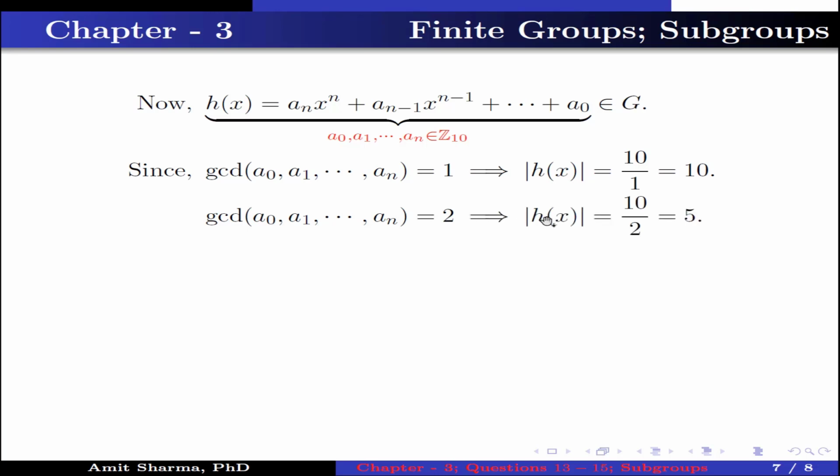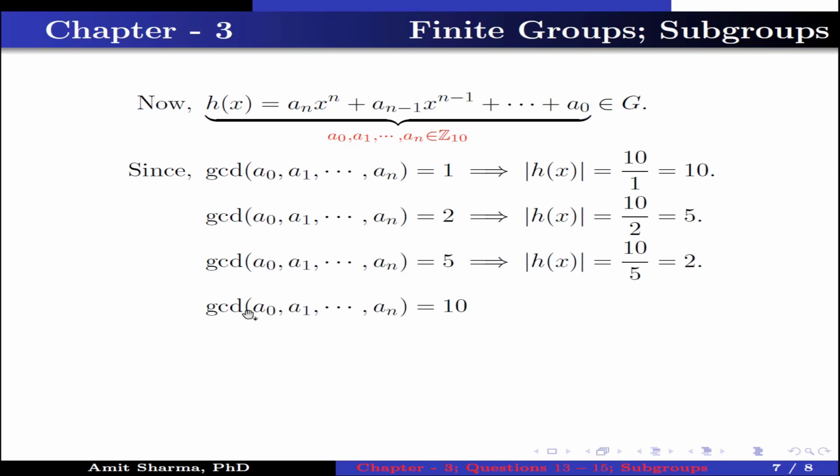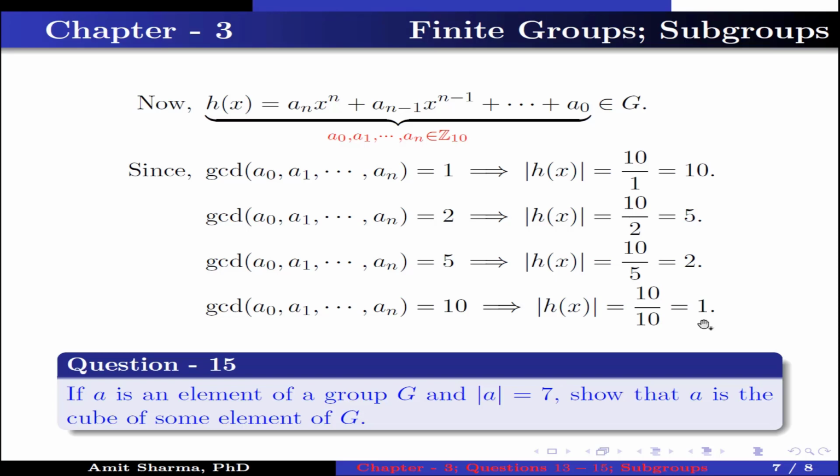This implies the order of h(x) is 10 by 2, which is equal to 5. Now in the next set, the GCD is 5. This implies the order of h(x) is 10 by 5, which is 2. And in the last set, the GCD is 10. This implies the order of h(x) is 10 by 10, which is 1.